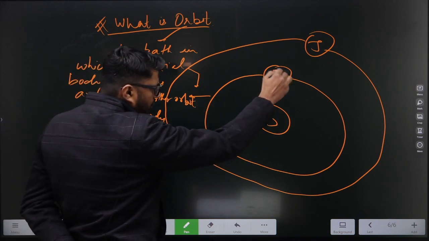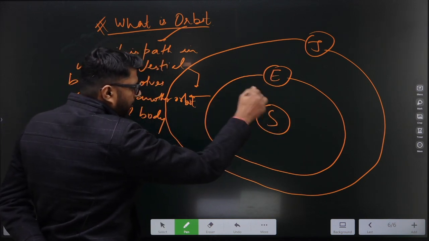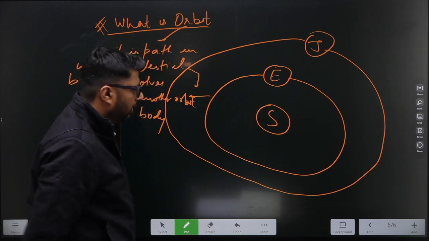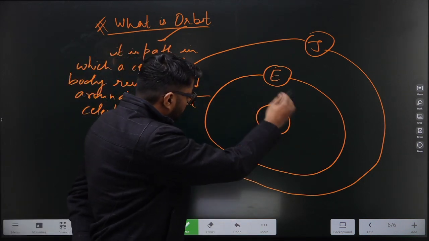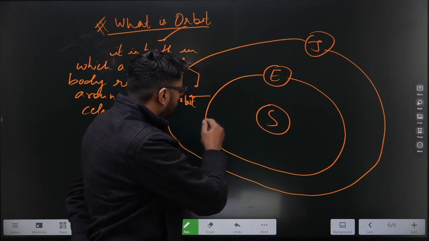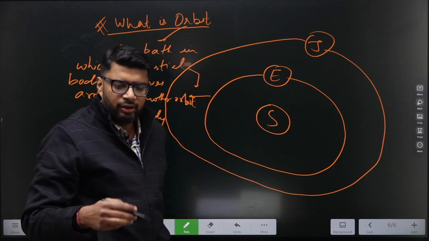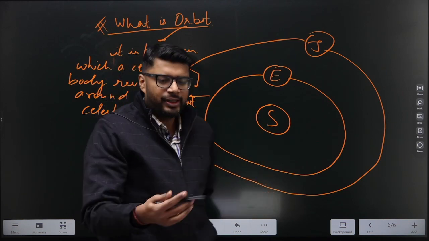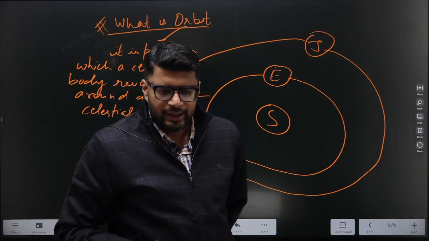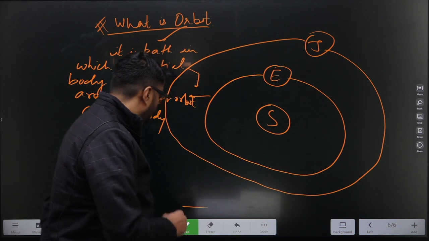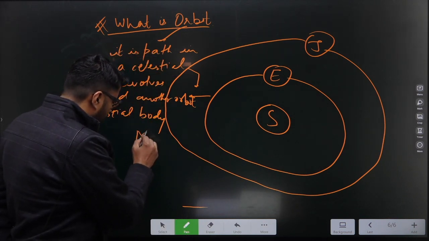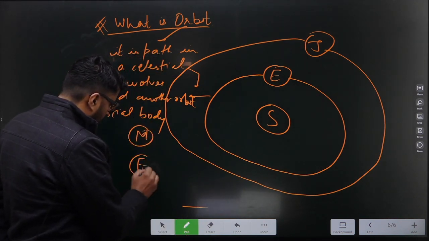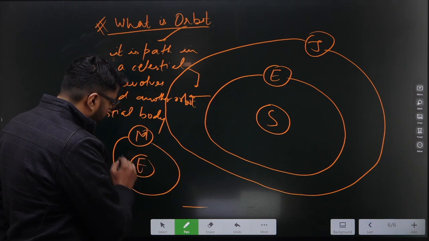Here, Earth is revolving around the Sun in a particular orbit, in an elliptical manner, so it is an elliptical orbit. In the same way, the Moon also revolves around the Earth.